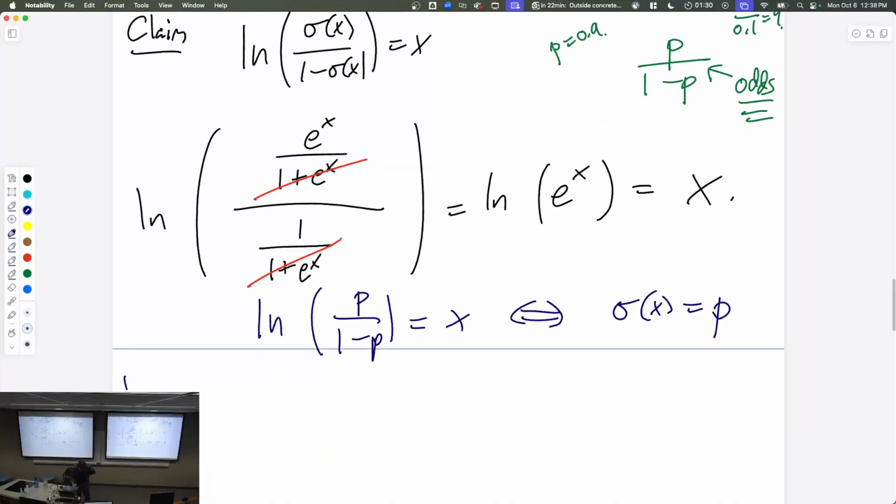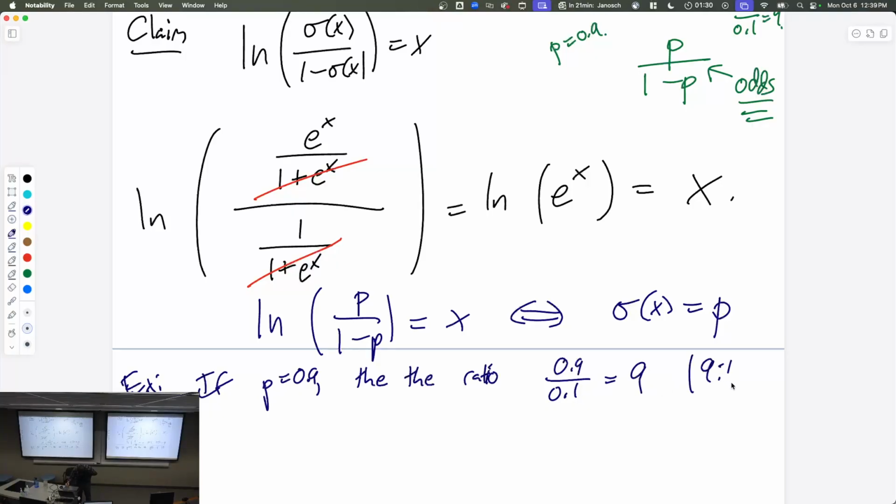So for example, if p equals 0.9, then the odds are 9 to 1, and the log odds are whatever the log of 9 is. I guess the log of 9 is pretty close to 2. The log of 9 equals x. So the sigmoid function inputs the log odds, the log of 9, and it will tell you the probability that goes with that is 90%.